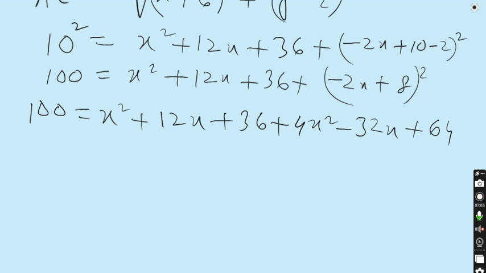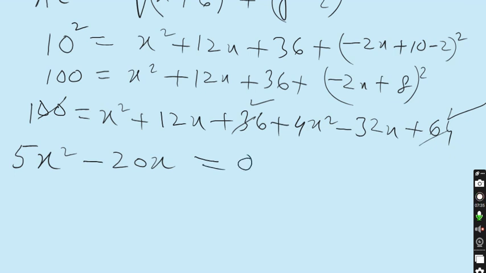Now simplify this equation. x square and 4x square is 5x square. 32 minus 12 is 20x. Now see this carefully: 64 and 36 is 100. This 100 cancels by this 100. Okay, hope you understand.